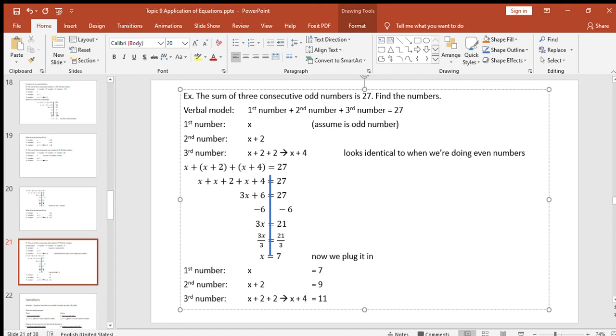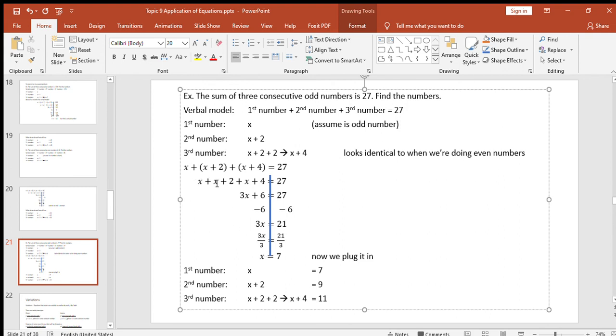So we're going to skip every even number. So instead of adding 1, we're adding 2. And now we're going to replace our verbal model with our odd number expression, if you want to call it that.